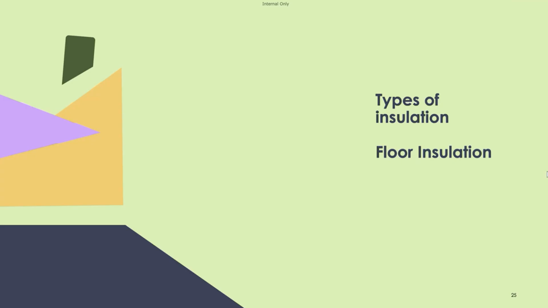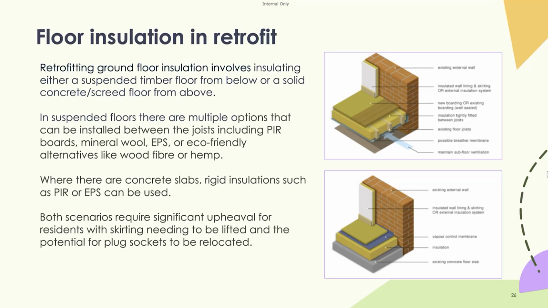Floor insulation. Okay, so in this scenario, it's not common that we see homes adopt floor insulation purely because of the impact that this can have on the occupants, but there are scenarios where you can retrofit floor insulation into an existing home. So it'll either be on a suspended timber floor. You can see the example on the right hand side here.